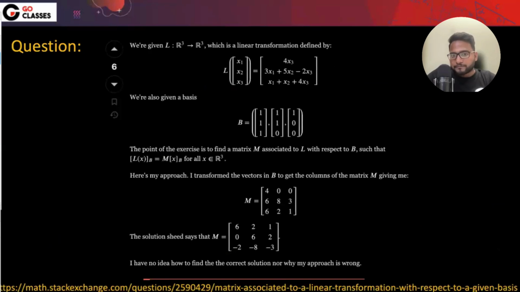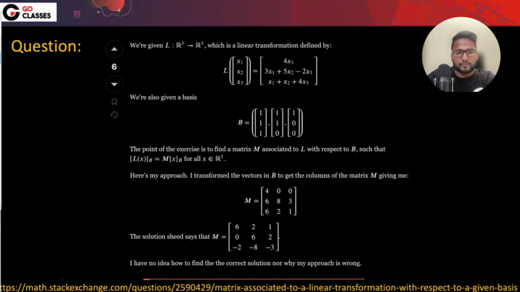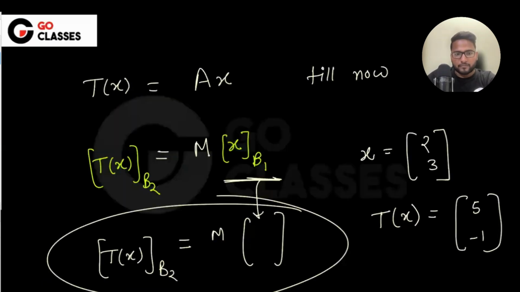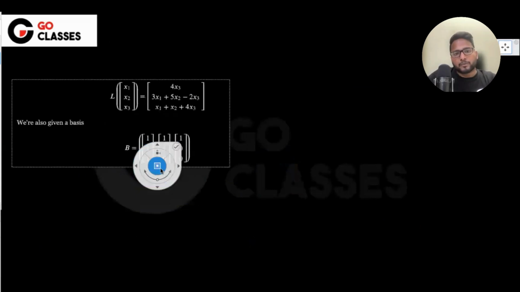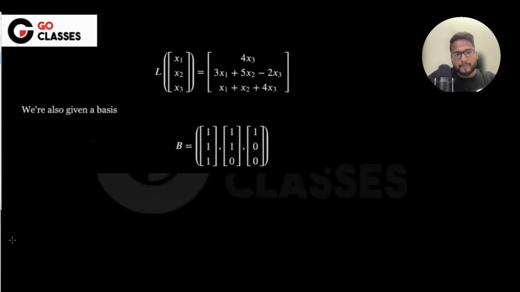For example, let's just say this. Here, let's suppose the input and output basis is the same, which is just b. Suppose you take some vector, maybe v, in the standard basis.